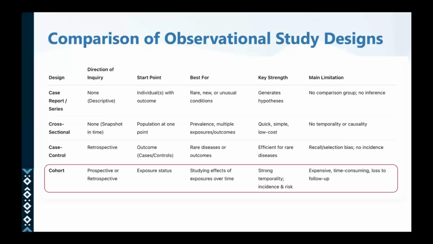They provide some degree of causality, because they provide strong evidence for temporality. You're always sure that the exposure occurred before the outcome. And so they give a close approximation for causality, although the ideal way to assess causality is through a randomized control trial, preferably one that is double-blinded.